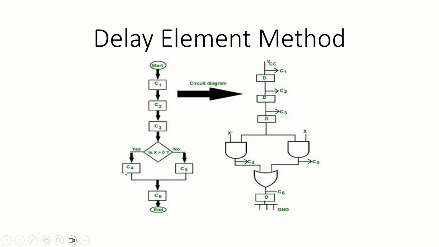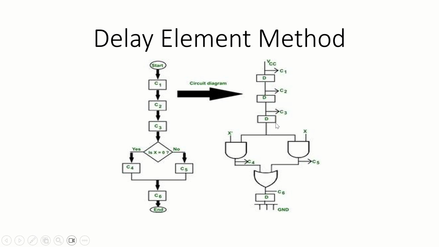For example, if x is equal to 0, then it performs addition in C4. If not, then it performs subtraction in C5. Then it stores the result, whether it's the addition or subtraction, in C6, then ends. I hope you guys understand this.